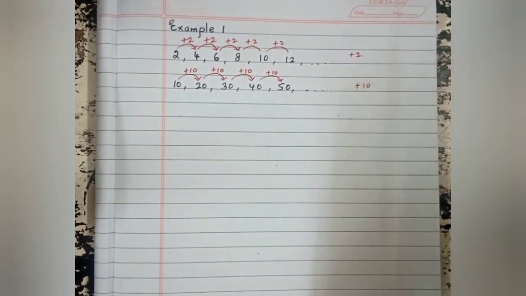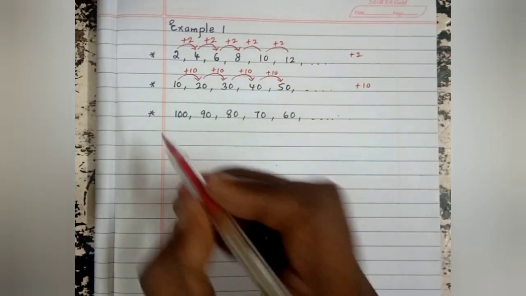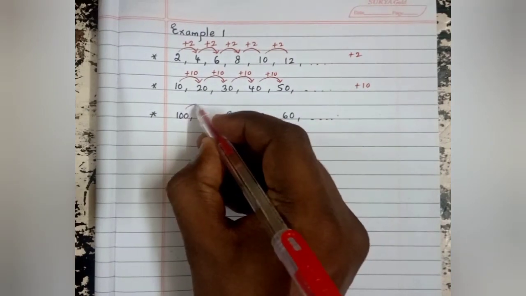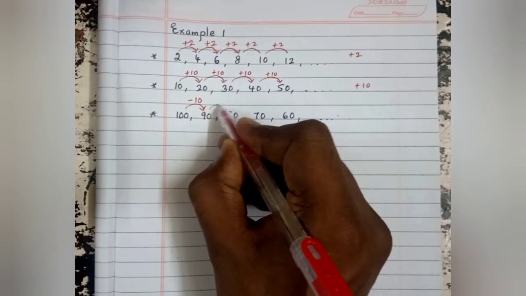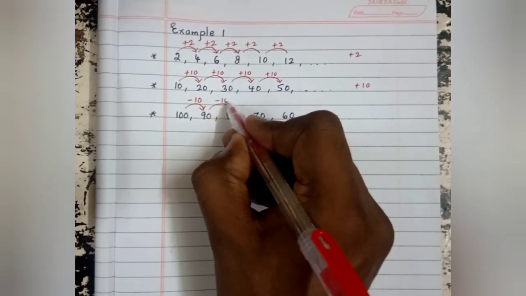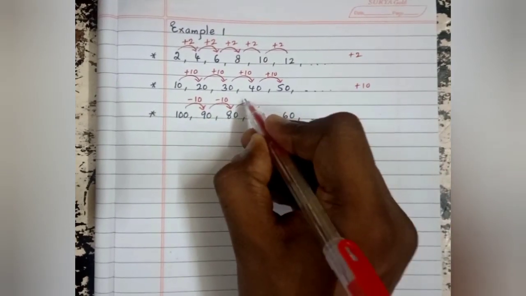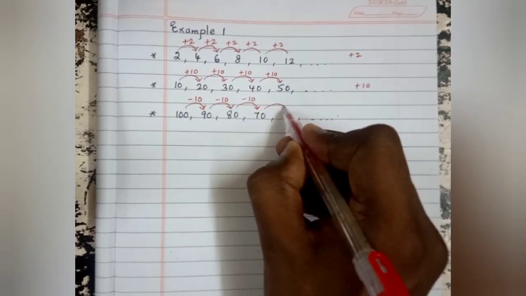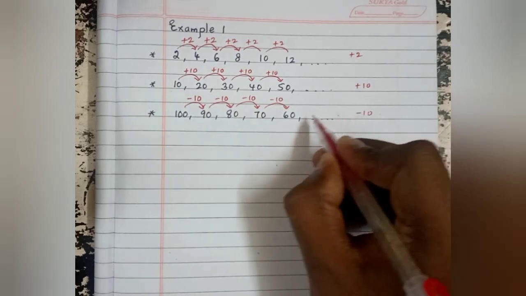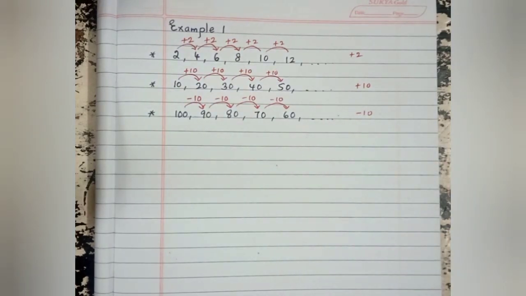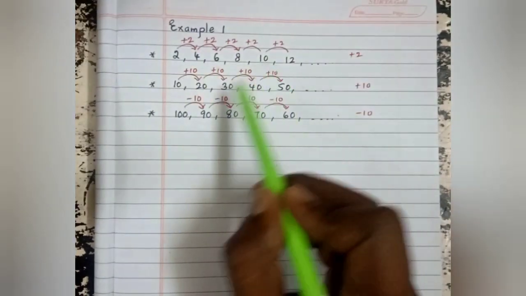In the same way, plus 2 to get the next number in the first pattern. In the third example, what I have done here is I subtracted 10 to get the next number. Otherwise I can say that I have added minus 10 to get the next terms. So the rule here is that I have subtracted 10 to get the next numbers.